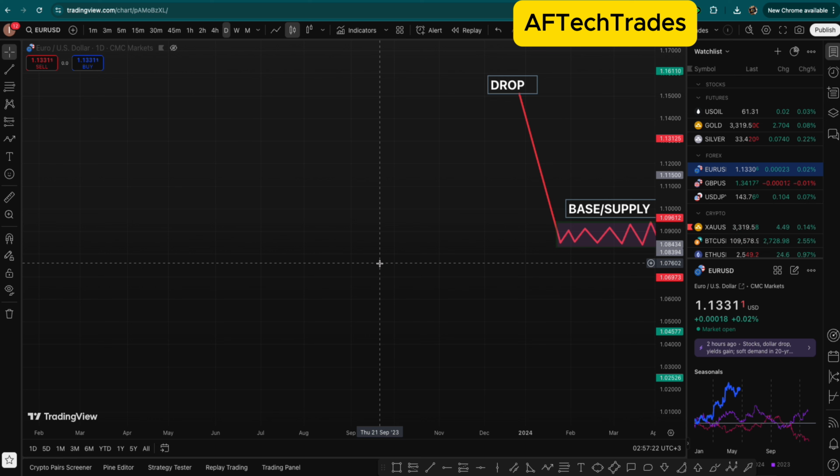So as the name implies, I hope even with my previous explanation, you should know what to expect on this, right? On the rally base rally, it's usually a demand zone, instead of a supply zone. There is a strong rally, a pause, which is the base, then another rally.